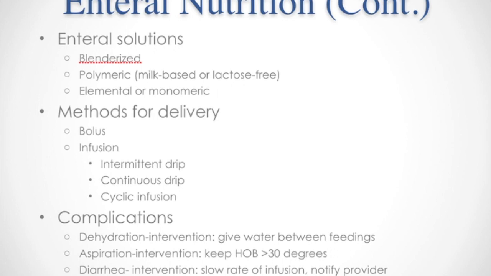What are we going to do to prevent that? We're going to keep the head of the bed at 30 degrees or higher during and for 30 minutes to an hour after tube feedings. And there's a risk for diarrhea. And what are we going to do to prevent that? If we notice some loose stools, we're going to slow the rate of the tube feeding infusion and notify the prescriber.